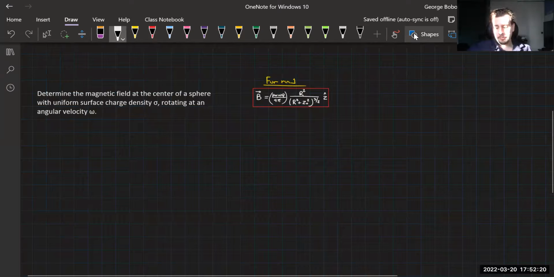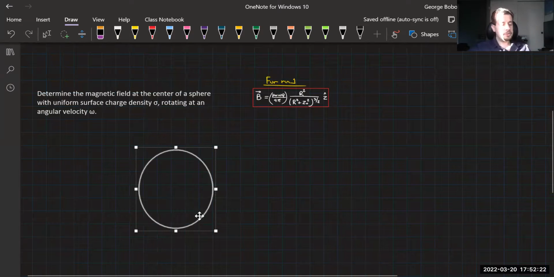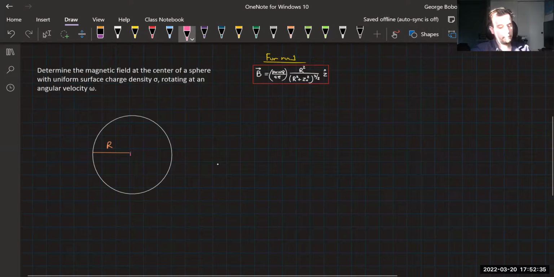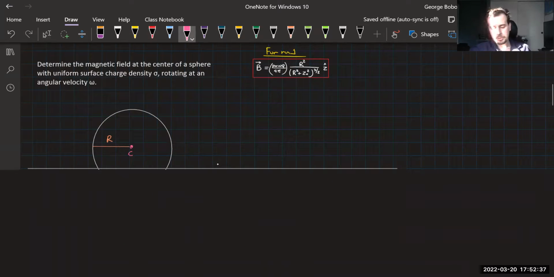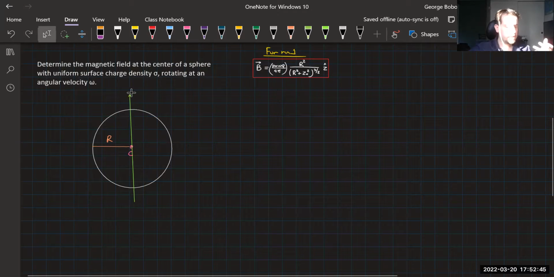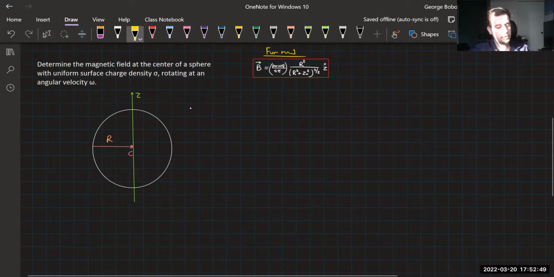So for the sphere over here, let's see how this will play out. We have a sphere of radius r, and it's spinning again about an axis. I'm going to put the axis, doesn't matter where you actually pin it, right there maybe. And it's spinning about this axis at angular velocity omega.